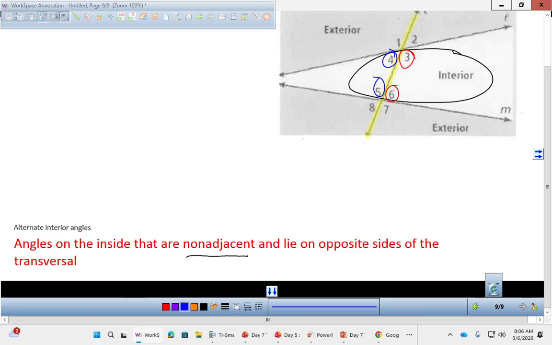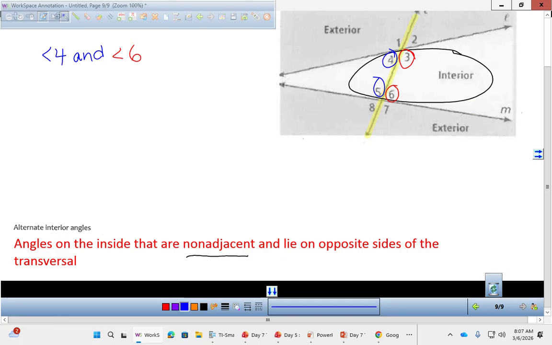That's that one piece. So I can't pick 4 and 3 because they're next to each other. So 4 would only be able to pair with 6, because 4's on the left, I need an angle from the right, but it can't be next to it, so it can't be 3.